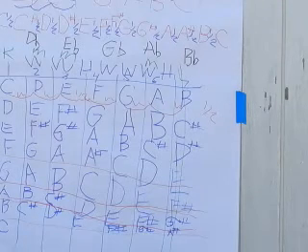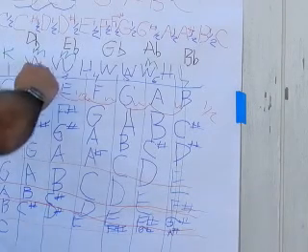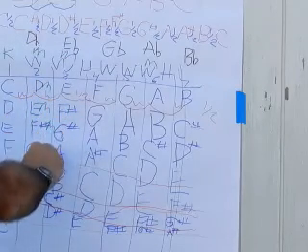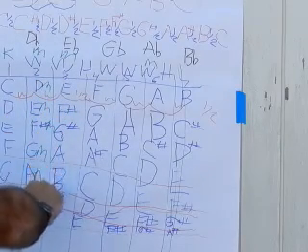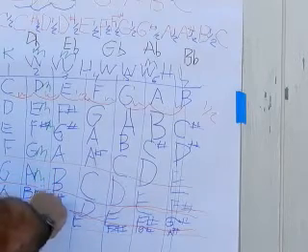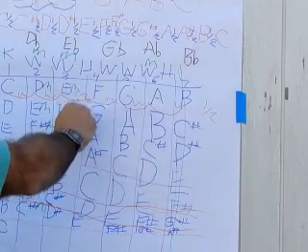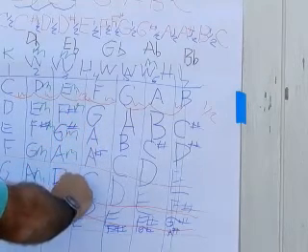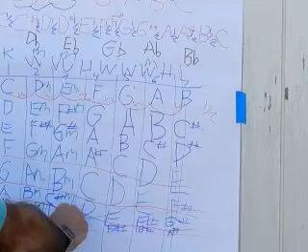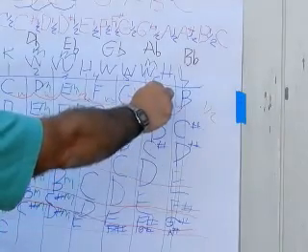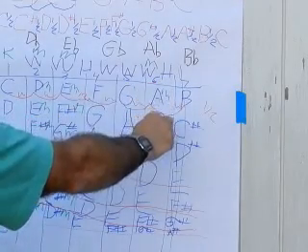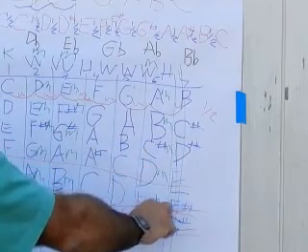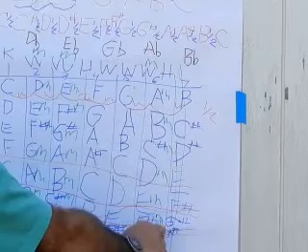Okay, so what you have now is D minor, F sharp minor, G minor, A minor, B minor, C sharp minor, E minor, F sharp minor, G sharp minor, A minor, B minor, C sharp minor, D sharp minor, and then A minor, B minor, C sharp minor, D minor, E minor, F sharp minor, and G minor.